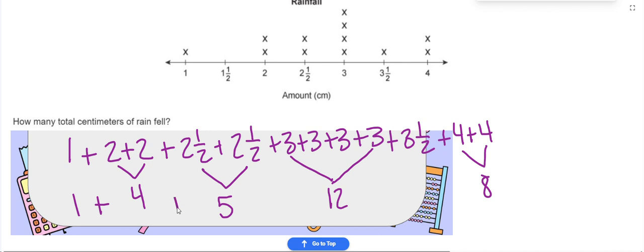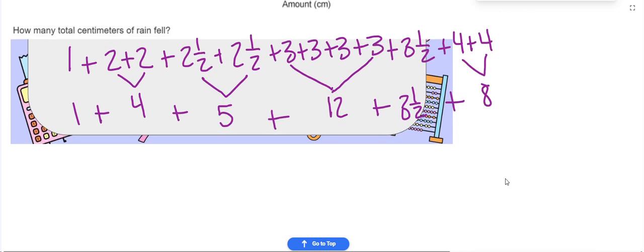We have 1 plus 4 plus 5 plus 12 plus this 3.5 that's still in there plus 8. So you're welcome to use a calculator on this one, or you can just do it by hand or mental math. But I'm going to go ahead and do some mental math here.